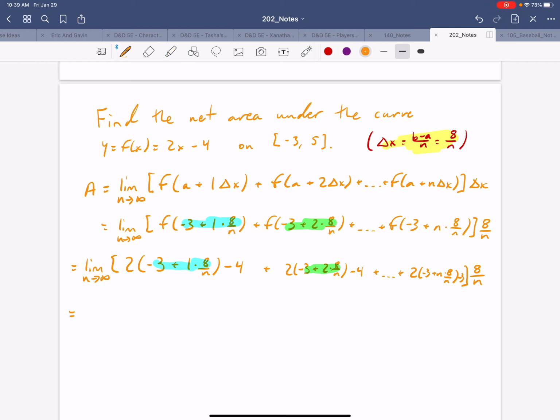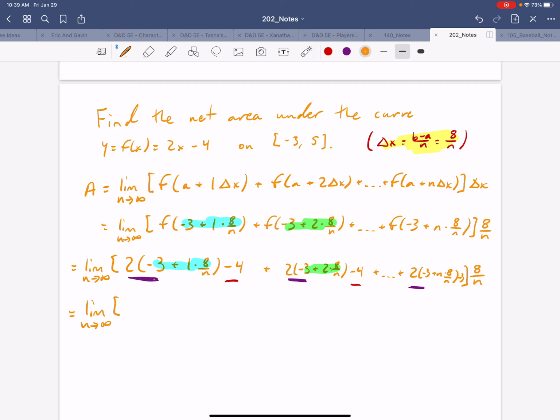Now it's just a bunch of simplification. If you notice, we have 2 times -3, 2 times -3, blah, blah, blah, 2 times -3 in every single term. We also have -4 in every term.